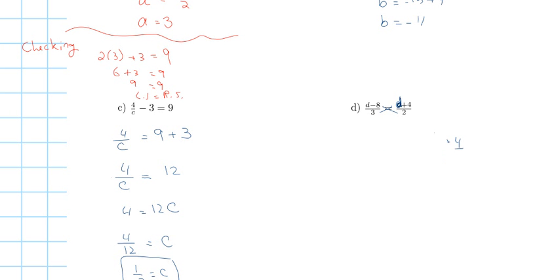Okay, so what's my common denominator? 6. And to make this 6, what do I have to multiply it by? 2. Anything I do to the bottom, I have to do to the top. Remember that in this case, I have 2 terms, so I have to put my brackets. Anything I do here, I have to multiply by 3.